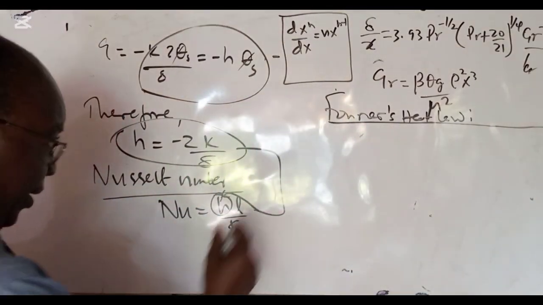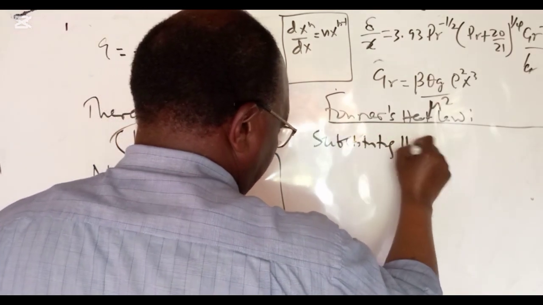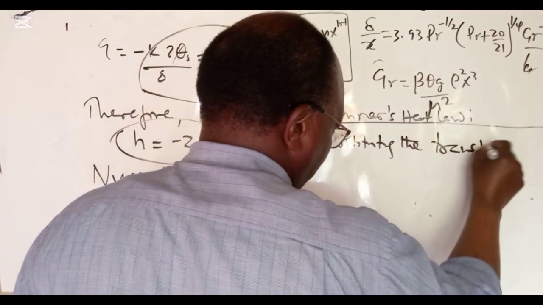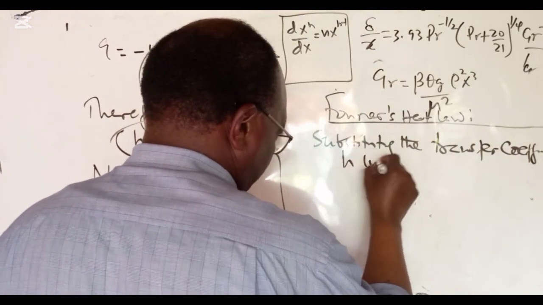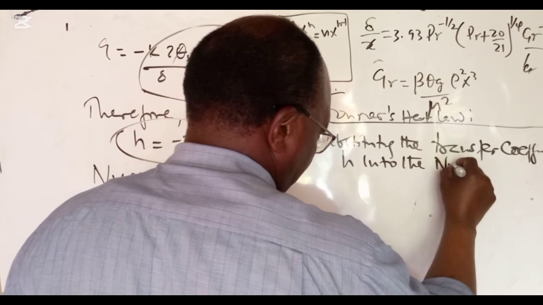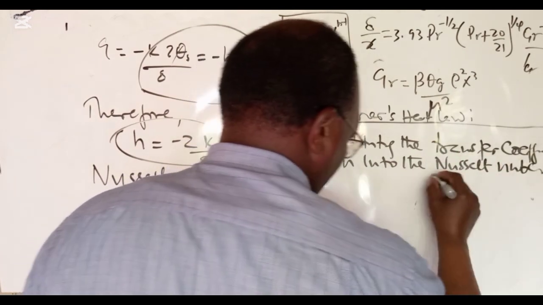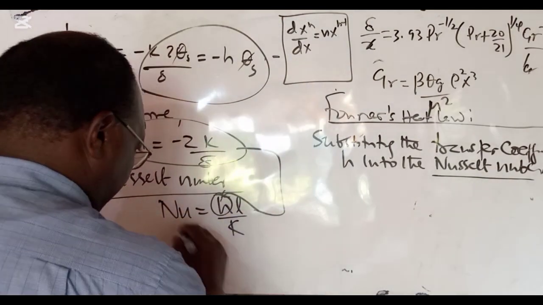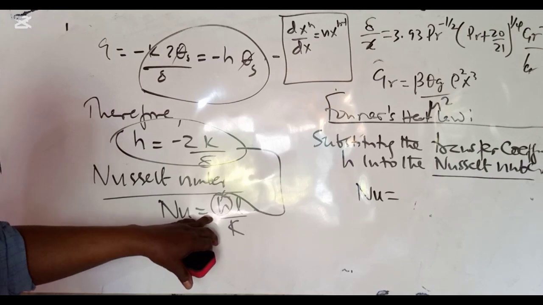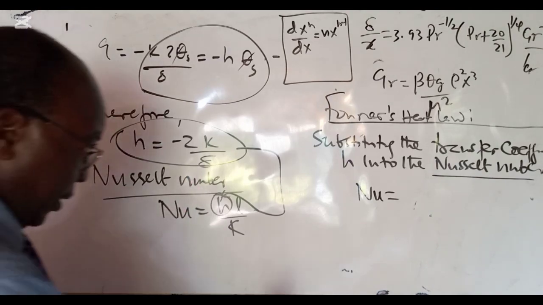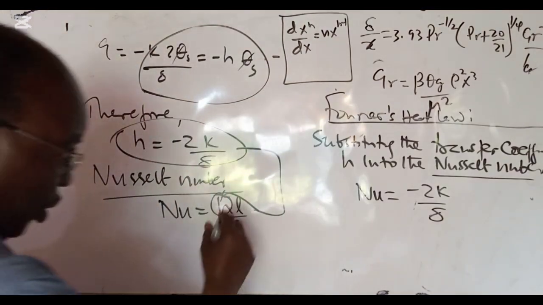So substituting the transfer coefficient h into the Nusselt number, the Nusselt number will be h, that is 2K over sigma.